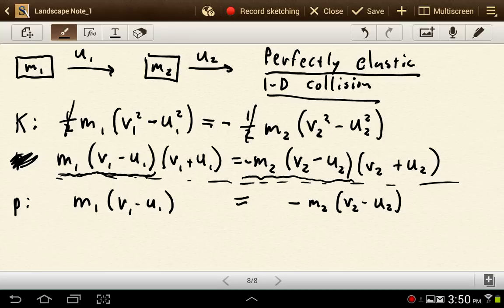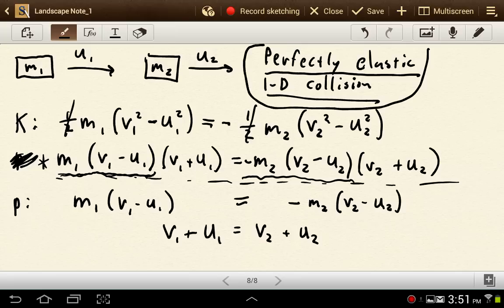So what this means is we can take this factored version of the kinetic energy line, the one I'm putting a star through, and divide by the momentum equation right below it, and get down to v1 plus u1 equals v2 plus u2. And this will hold for any perfectly elastic 1D collision.